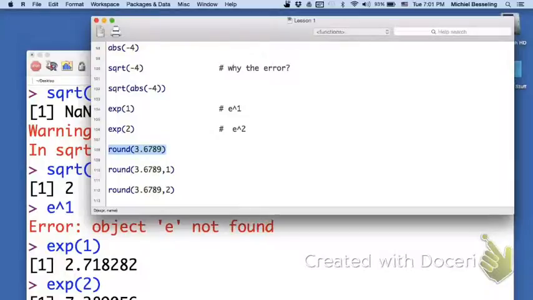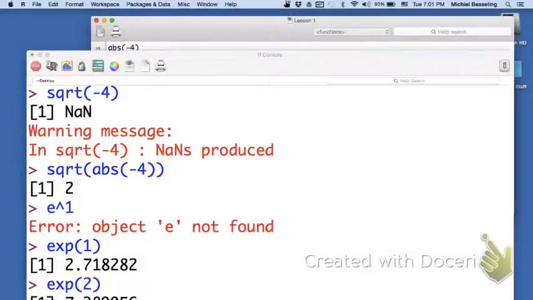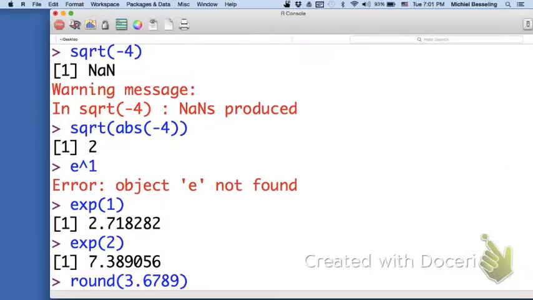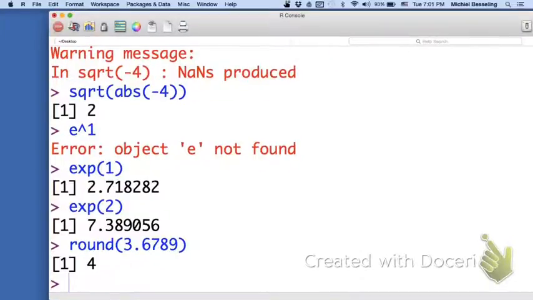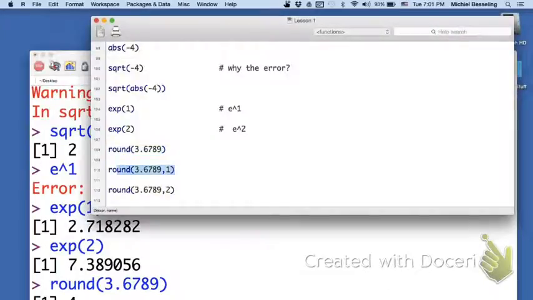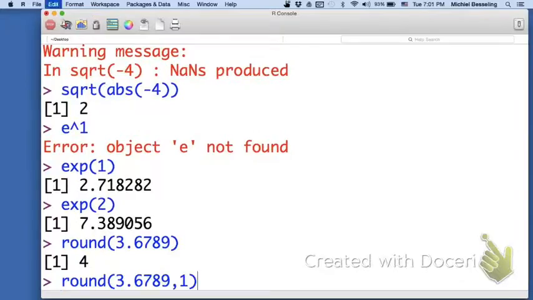Rounding numbers is useful. If I want to round a number like 3.67 and I just hit round, it's going to round this to the nearest whole number, which in this case is 4. But if I want to round to, say, 1 decimal place, I can put a comma 1.